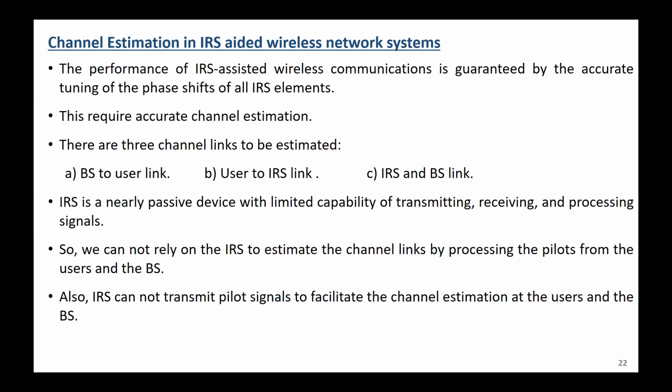In addition, the most selling point of the IRS is that it's nearly passive, that you don't pay anything for transmission, but of course you pay for power control. Given that the IRS is passive, it doesn't have any capability to transmit pilot, receive pilot, or process signals. So we can't rely on the IRS itself to estimate the channel, but we have to do all the channel estimation at the base station.